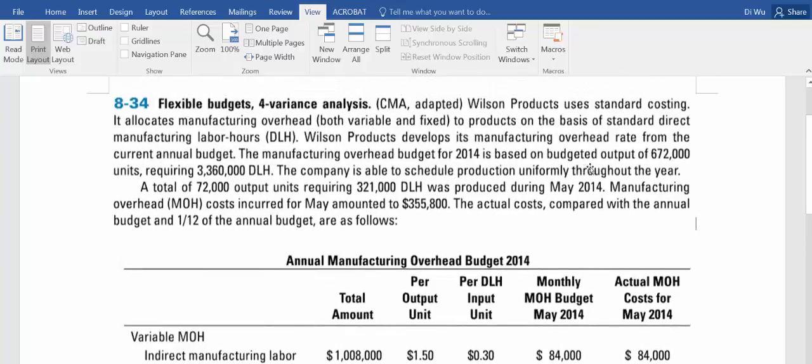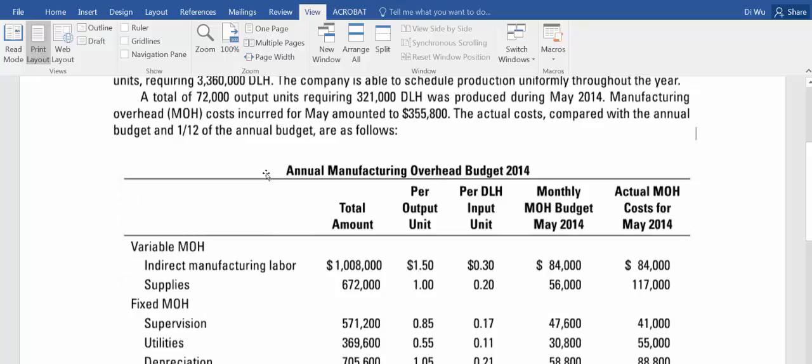In order to manufacture 672,000 units, we need this direct manufacturing labor hours. Therefore you can figure out how many budgeted hours we are supposed to have for every unit. We also have the manufacturing cost per unit given, which we can find in a minute. We're going to show you that number.